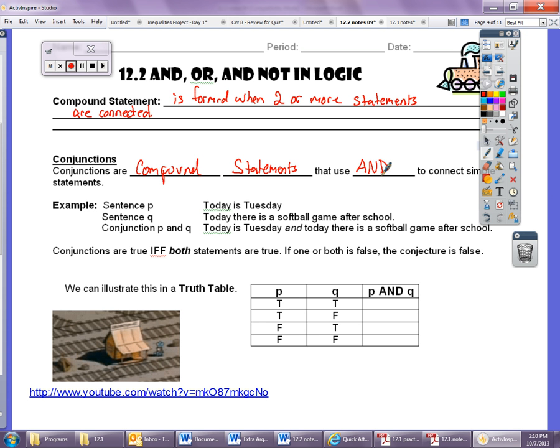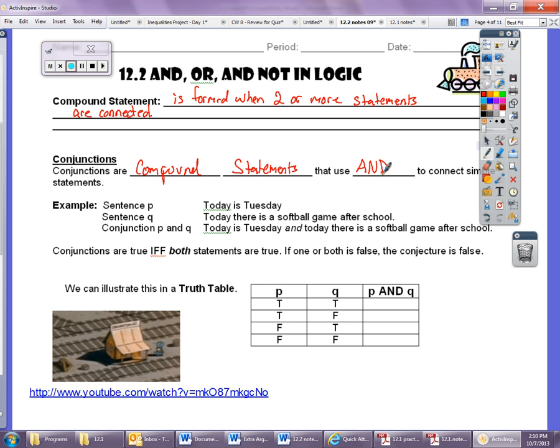They use the word and to connect our simple statements. So for example, if sentence P is "today is Tuesday" and sentence Q is "today there's a softball game after school," our conjunction, P and Q, is: today is Tuesday and today there's a softball game after school.